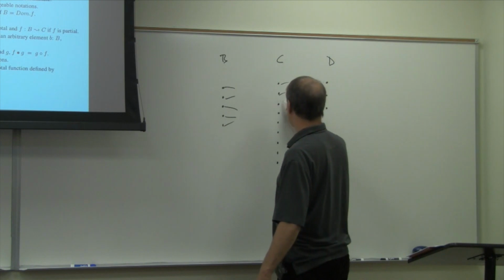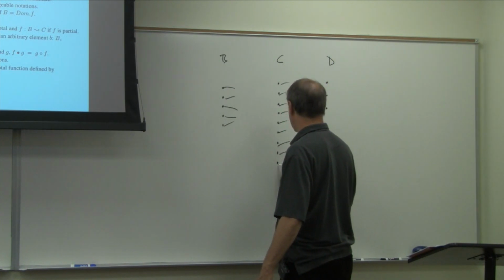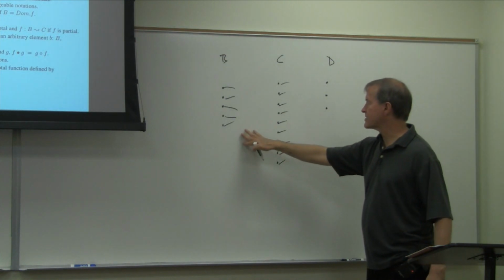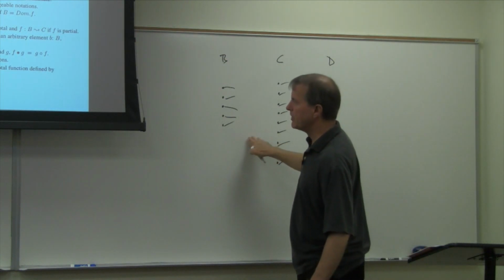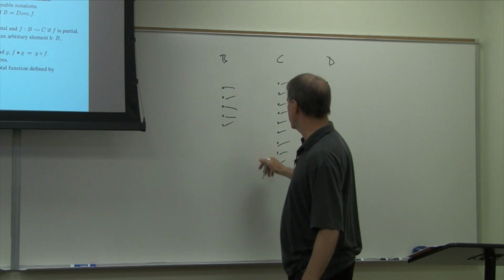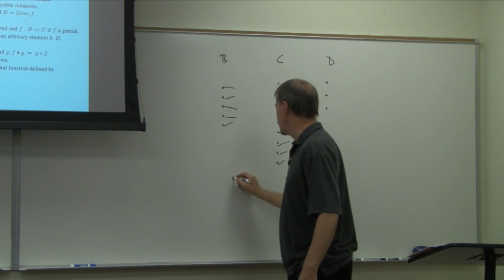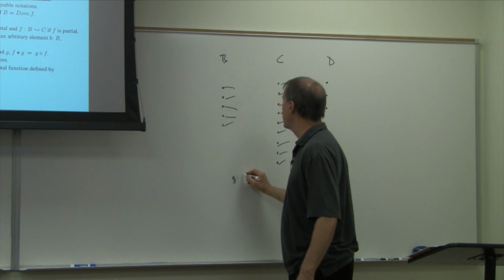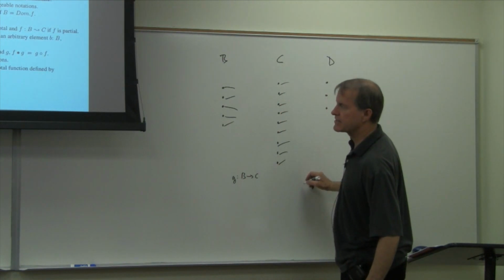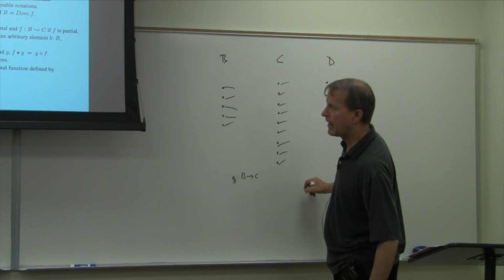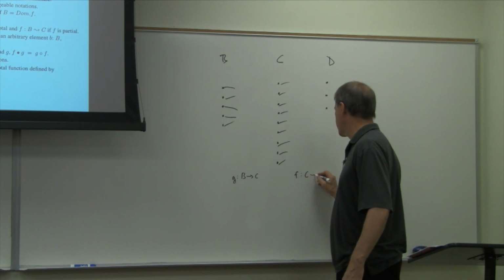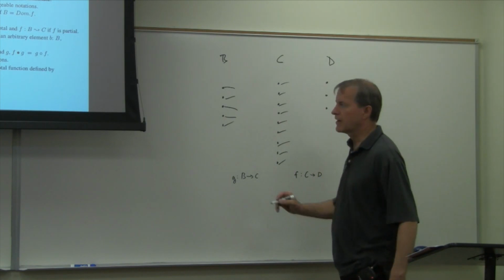So somehow to here, right? And going from here to here, this is G. So this is G, and G is going from B to C, and F is going from C to D, right?